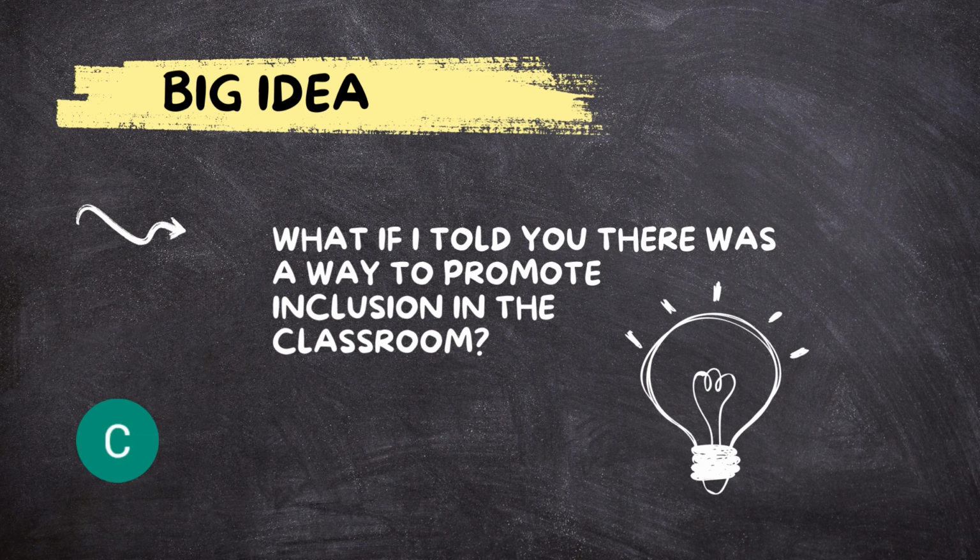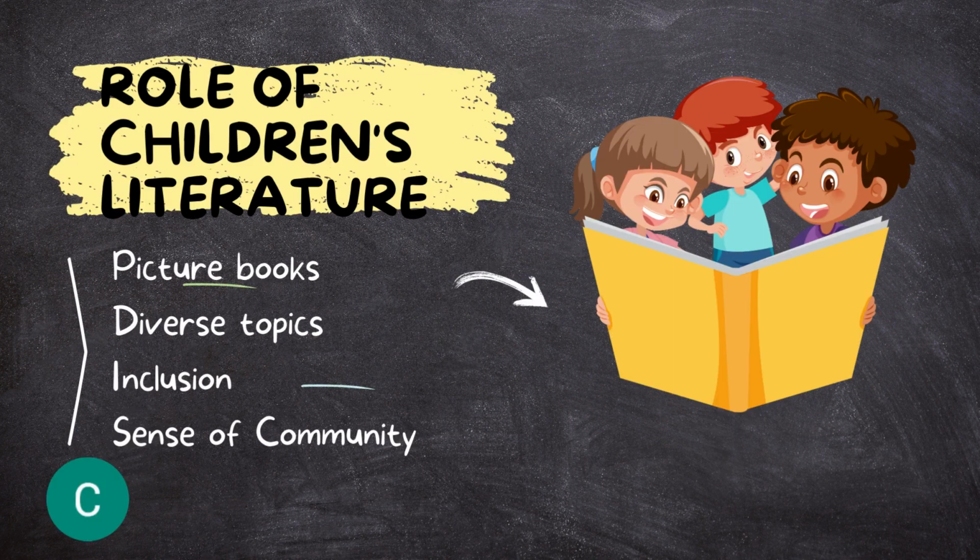There are many ways to teach diversity, equity, and inclusion. However, one popular way that most teachers are using today is through children's literature. Picture books are a part of our daily life and education. The beauty of picture books is there's a book about everything. There are many books about diverse topics that support inclusion and teach students a sense of community.